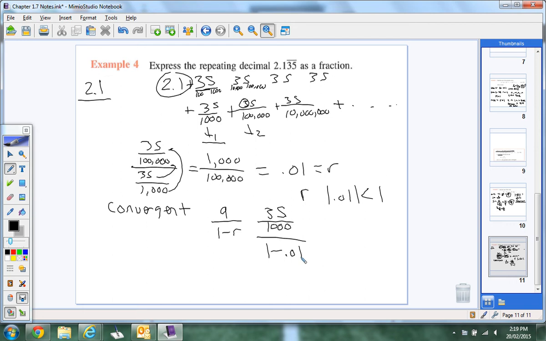Then the 2.1 we're going to bring back in a second, plus 35 over 1,000 times 0.99. The 0.99 comes from doing this operation here.